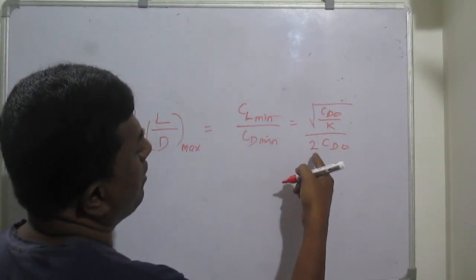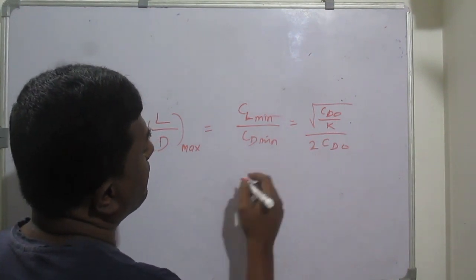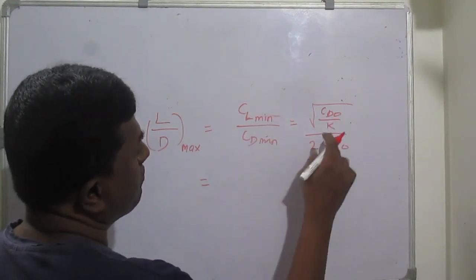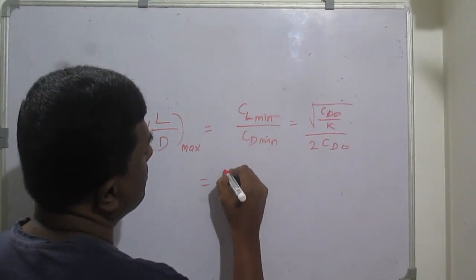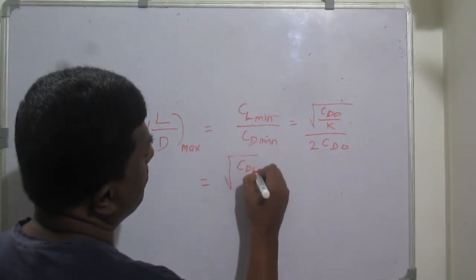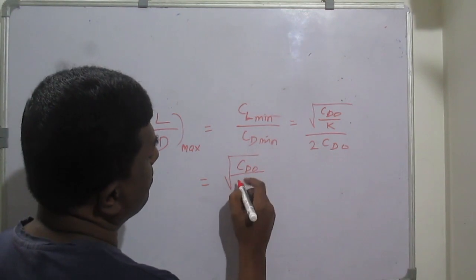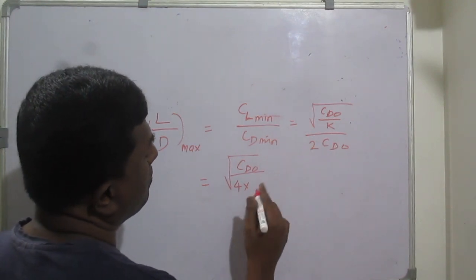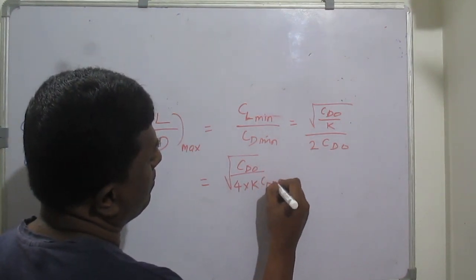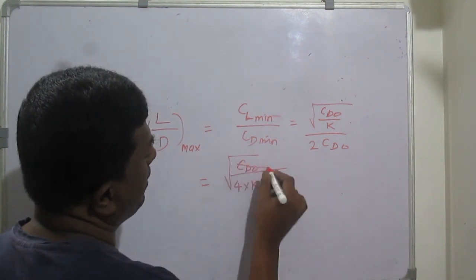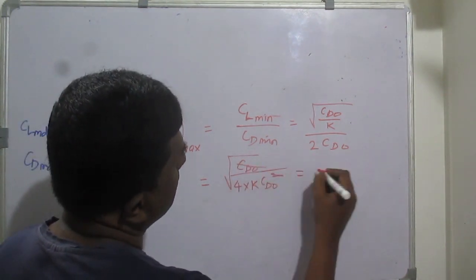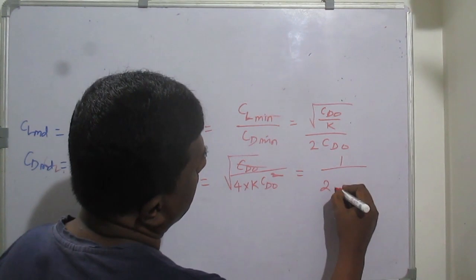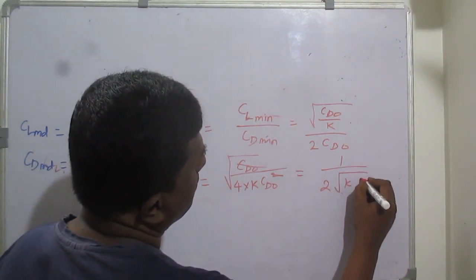When we take this into the equation, the square root of CD naught by K goes to 4 into K CD naught square. This will get cancelled, and we will have 1 by 2 K CD naught.